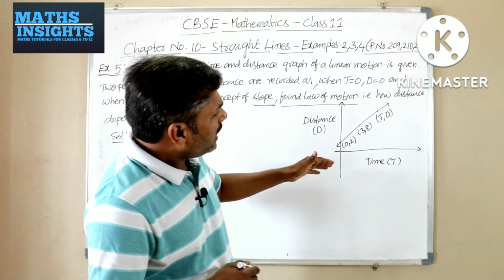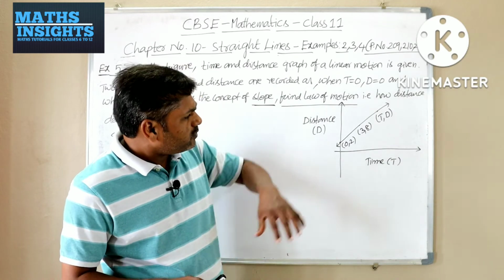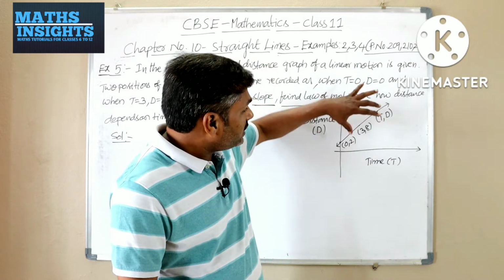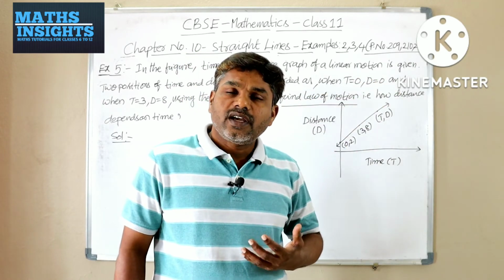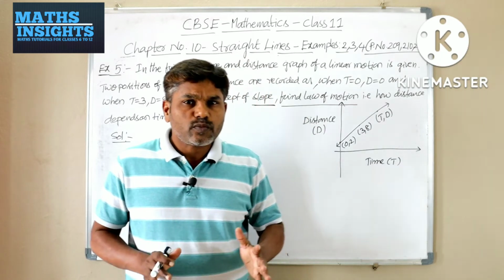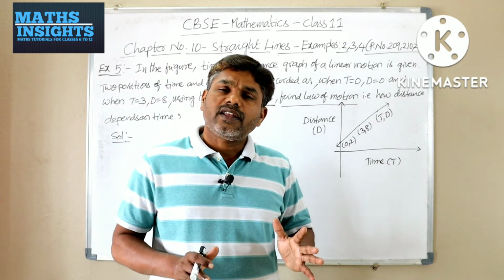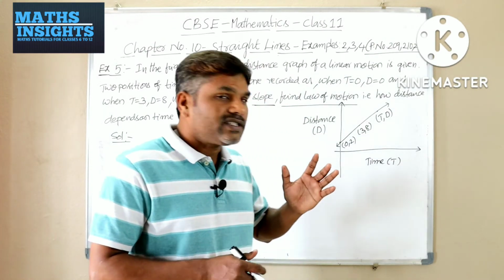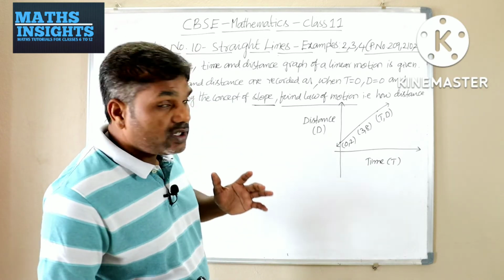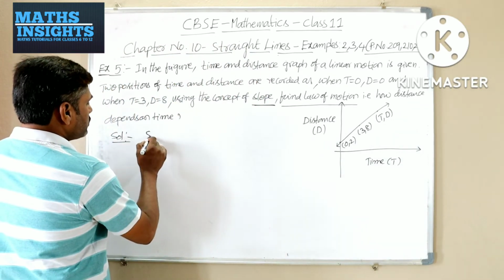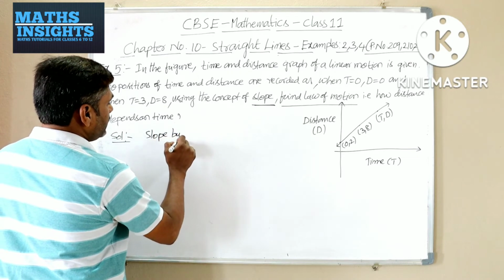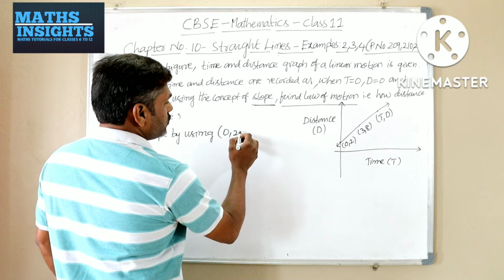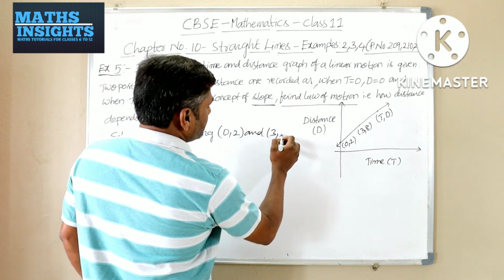You have 3 points on the line, so by using the first 2 points I will find the slope, and by using the second and third points I will find the slope again. Both slopes are related to the same line, therefore you may equalize them. By equalizing you can find how this distance depends on time. Very simple. Slope by using 2 points, what are they? (0, 2) and (3, 8).